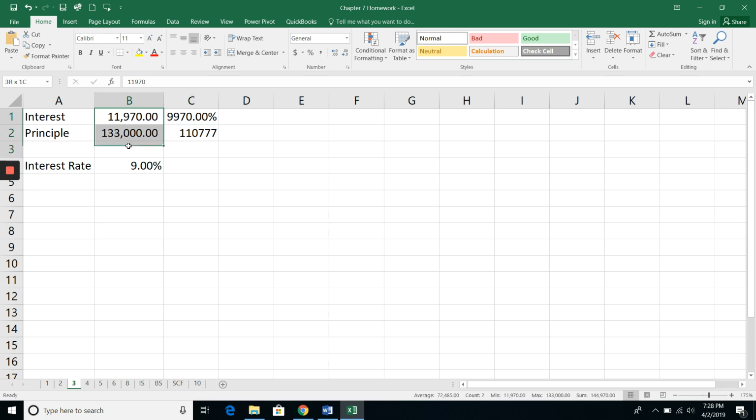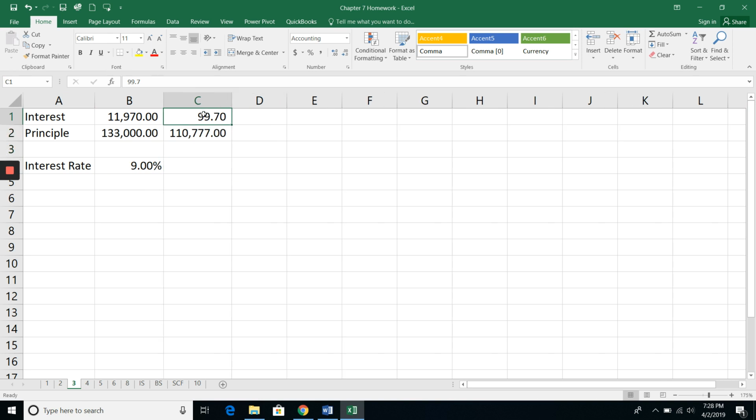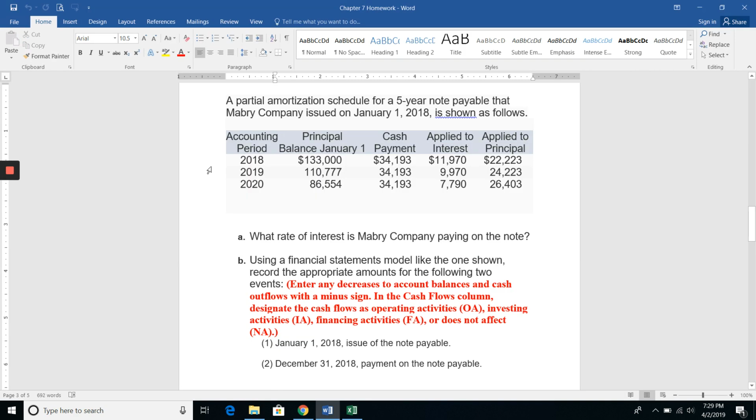When we look at that interest and principal relationship, we will also see that our 9% stays true. The relation of the interest to the principal balance is going to give us our rate of interest. So our rate of interest for this note payable is 9%.